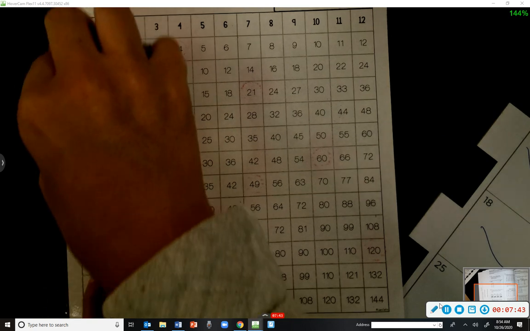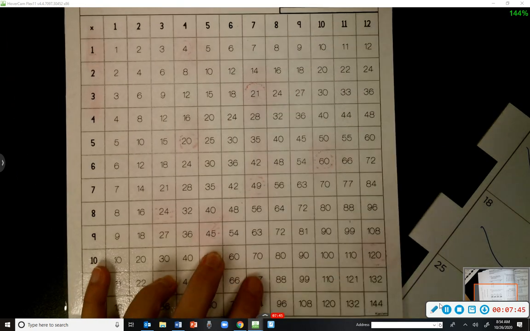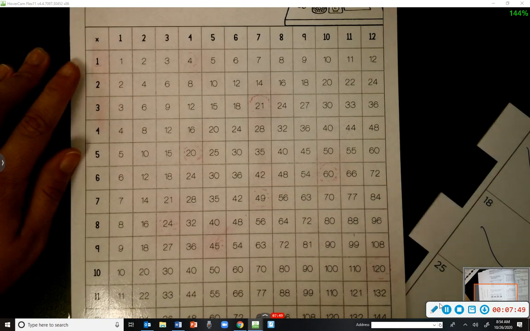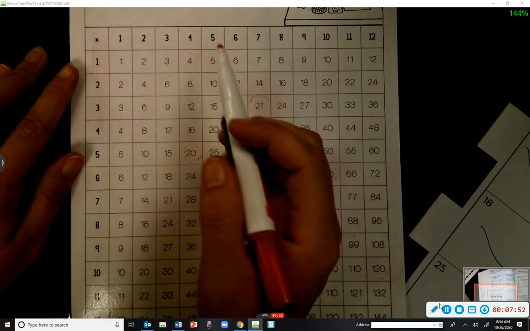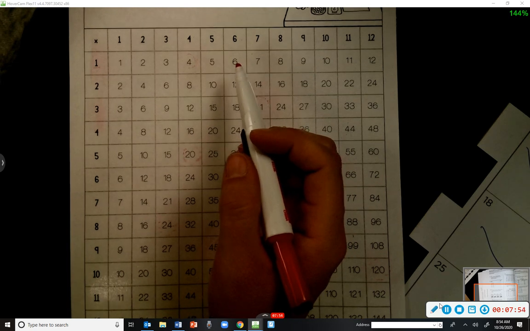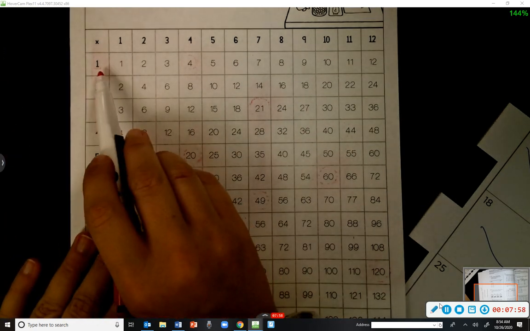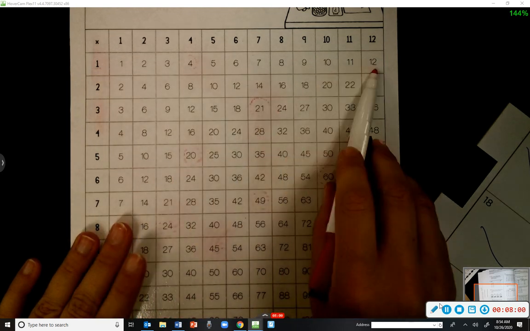You see a pattern, Kaylee? Like, let's say 1s, you're just going to be counting by 1s. 2s, you're counting by 2s. 3s, you're counting by 3s. 4s, you're counting by 4s. Okay, very good. She says on the row with the 1s, they're just counting by 1s.